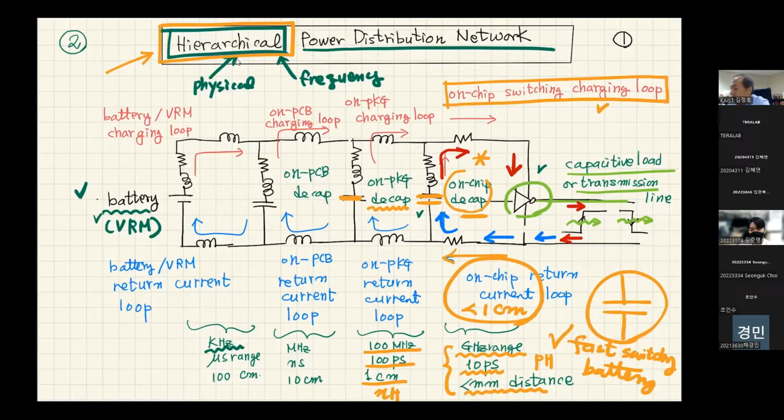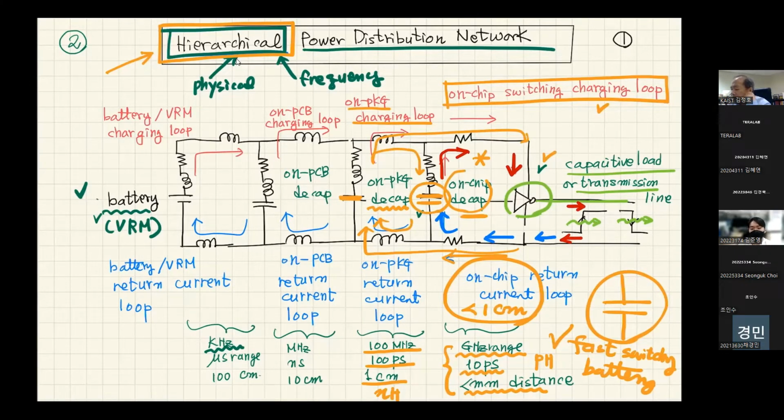So if your I/O circuit or core circuit has a certain amount of switching current in the 100 megahertz range, you have to be careful in designing the on-chip and on-package decoupling capacitors. This current will be responsible for charging and discharging around 100 megahertz, and some of this current will also discharge your on-chip decoupling capacitors.